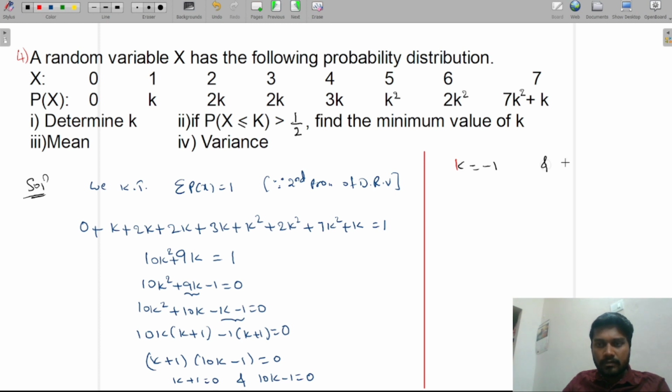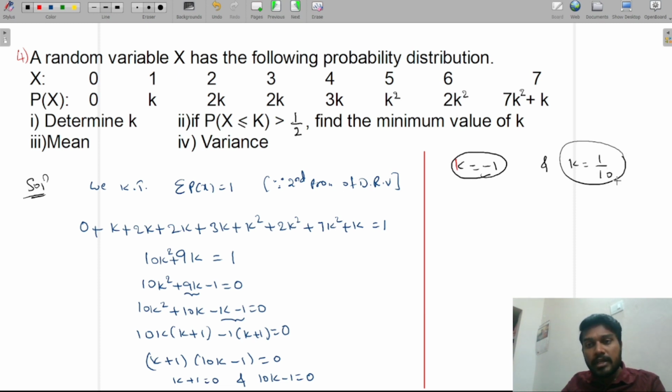From the second, k equals 1 by 10. I got two k values: one is minus 1 and the other is 1 by 10.